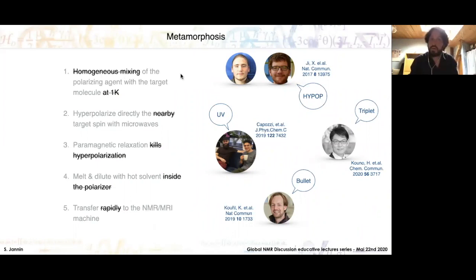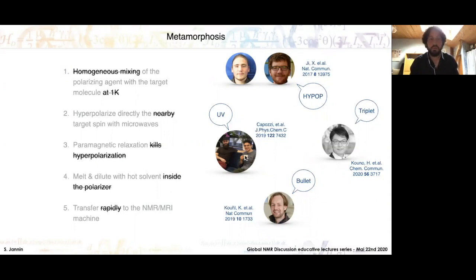Homogeneous mixing is not required anymore, and I will show you how. You can have your electrons not nearby but further away from your nuclear spins, so that you don't have paramagnetic relaxation anymore. It has been shown that you can do the dissolution outside the polarizer, and you don't need to be fast. If you do things differently, you can have lifetimes of hours or even days. I'm going to show you the work of Samuel Cousin and Theo Eldahay, who are working in my lab on polarizing matrices.